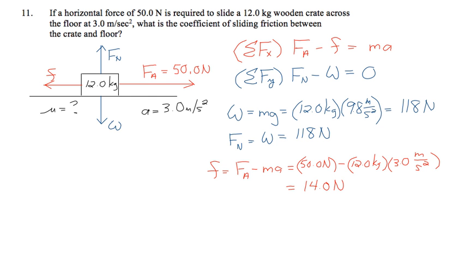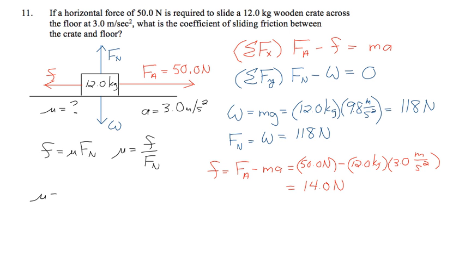Well, now the only thing left to solve for is mu. So I'm going to rearrange the equation friction equals mu Fn to solve it for mu. So mu would be friction divided by Fn. I have those two numbers, so I can just put those in to get the answer.